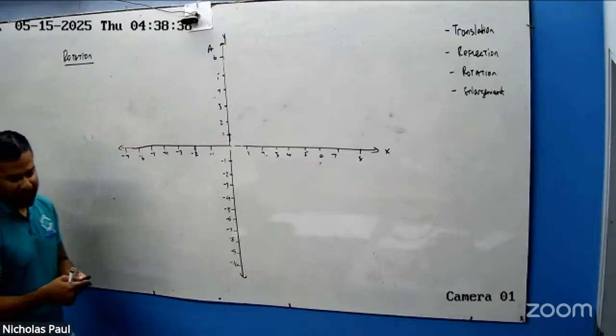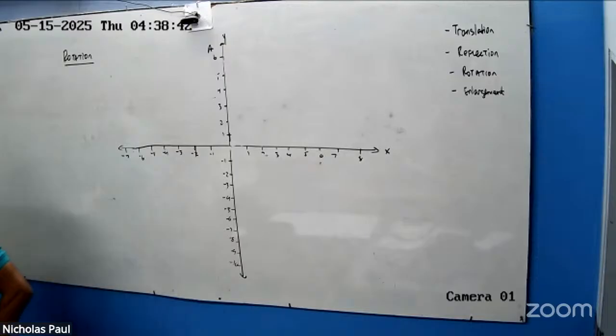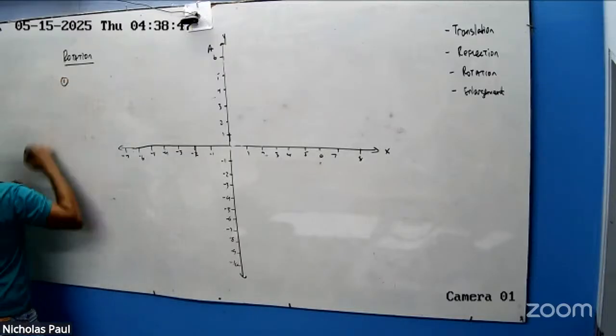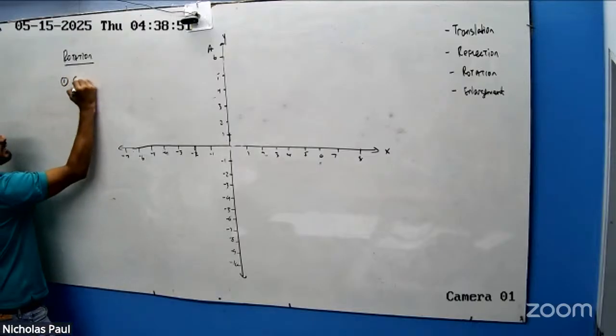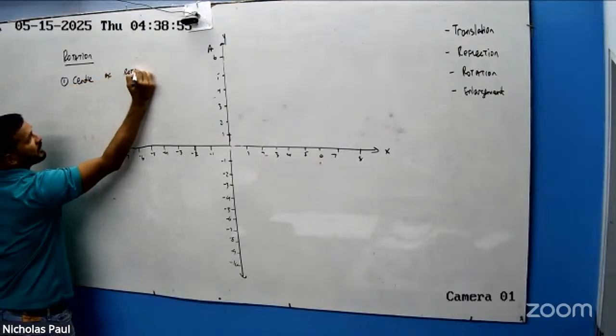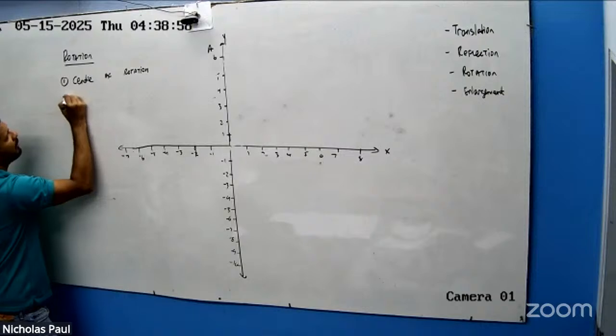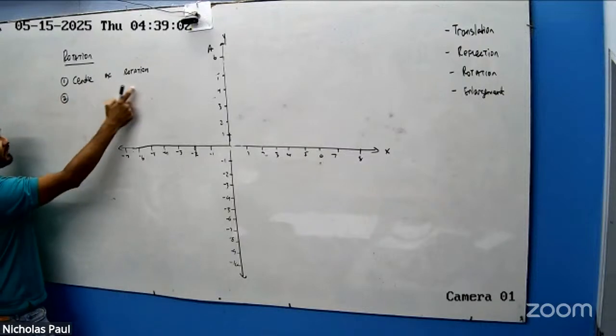But online, if you get stuck with this one, tell me, right? To perform a rotation, we need the following. Number 1, we need a center of rotation.